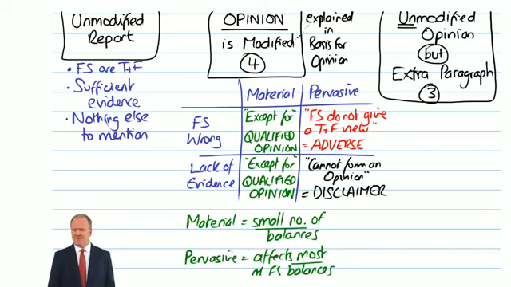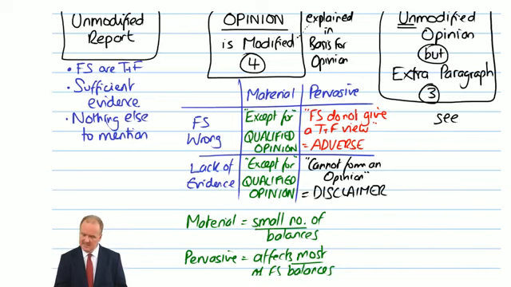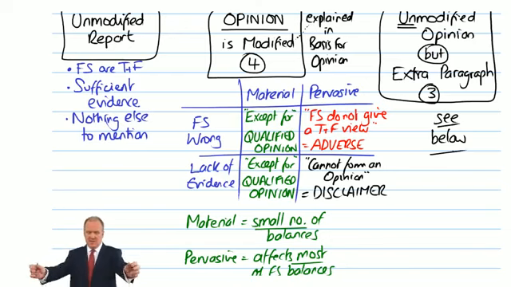And then we have the 3 extra paragraphs that can happen. So the opinion is not touched, and instead we add another paragraph to the audit report. And since I'm beginning to run out of space on the screen, I will go and explain this bit below.